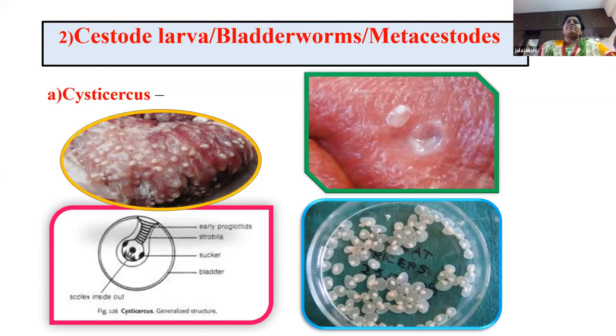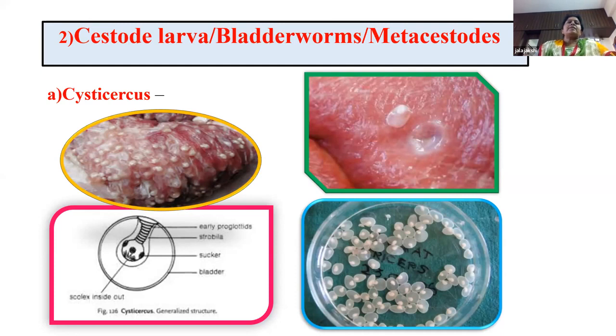In cestodes, different larval forms develop inside the intermediate host and are collectively called bladderworms or metacestodes. These develop in both invertebrate as well as vertebrate hosts. The first larval stage of tapeworm is called cysticercus, a larval form with a single invaginated scolex in a large fluid-filled bladder, as shown in the figure.